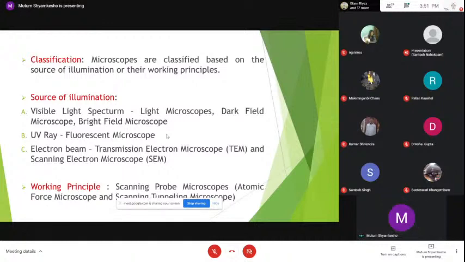This fluorescent microscope is very useful in immunofluorescence microscopy.